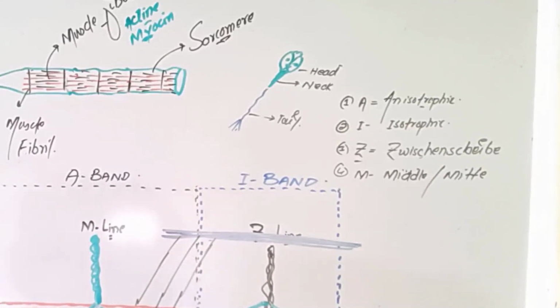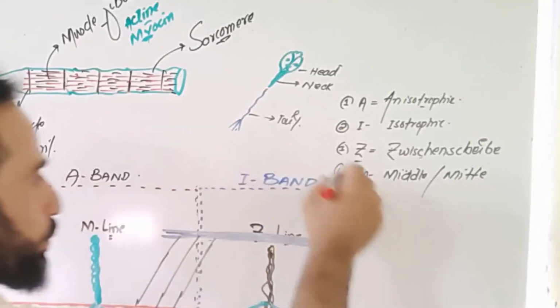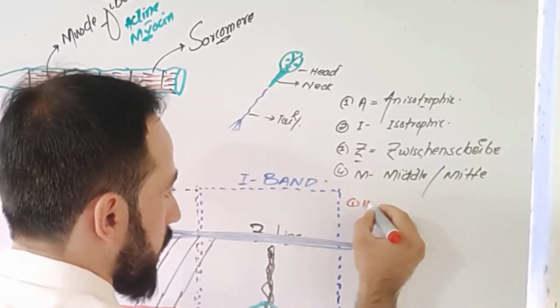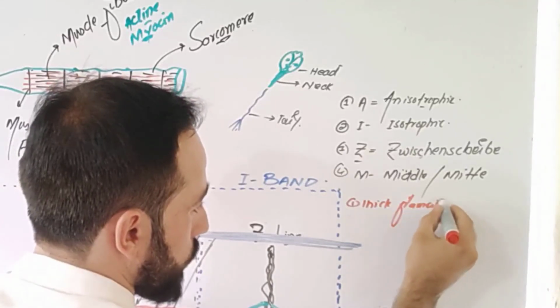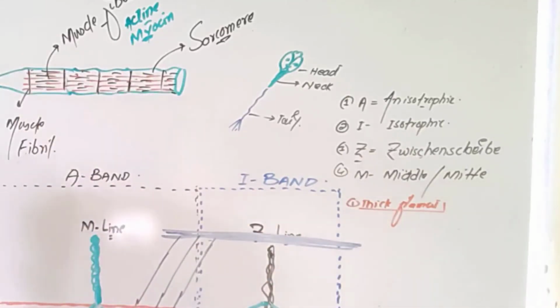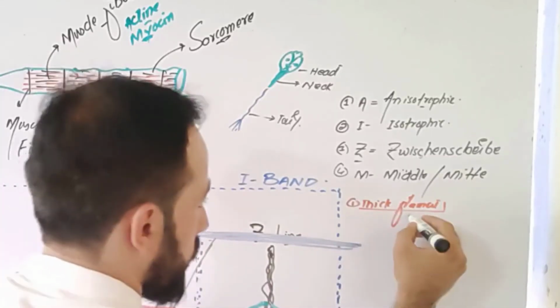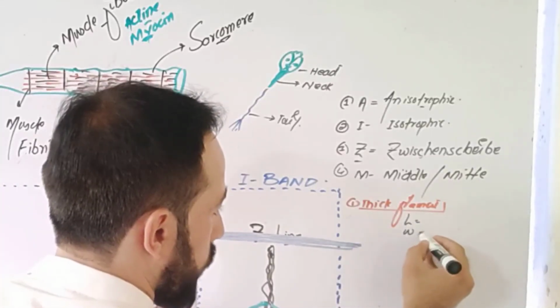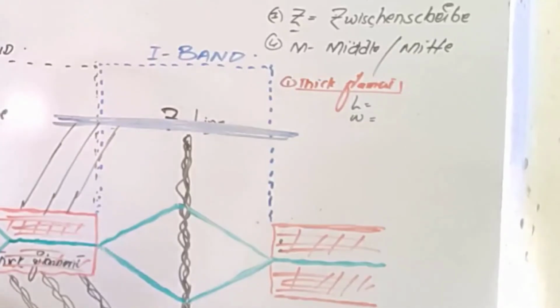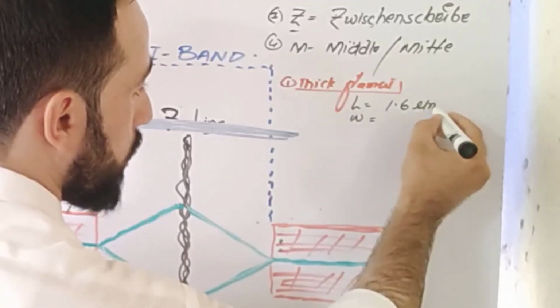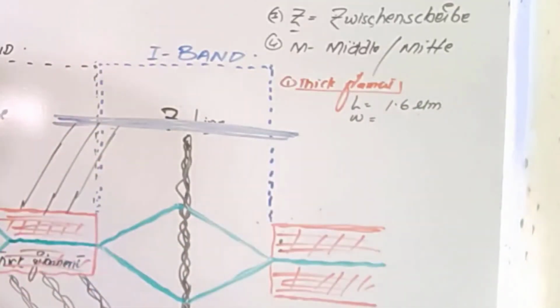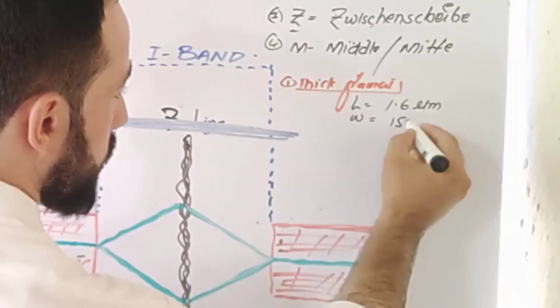And other things, friends: what is the length of the thick filament and what is its width? These are a little bit of detail which I wanted to share with you. The thick filament has a length of about 1.6 micrometer, and its width is about 15 nanometer.